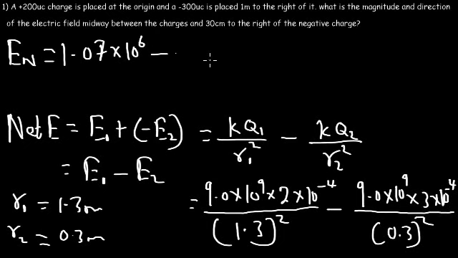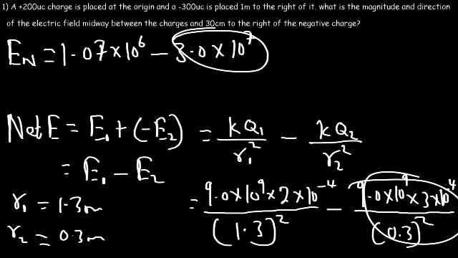Then I'm subtracting that from, and I'm going to repeat this, 3.0 times 10 to the power of 7. If you type this properly, you should get 3.0 times 10 to the power of 7. So I'm just going to subtract that from 1.07 times 10 raised to the 6.